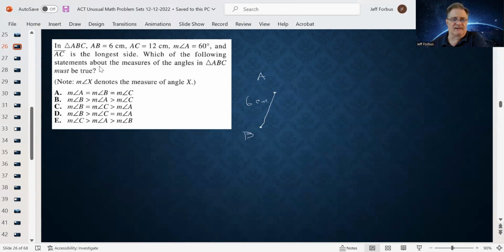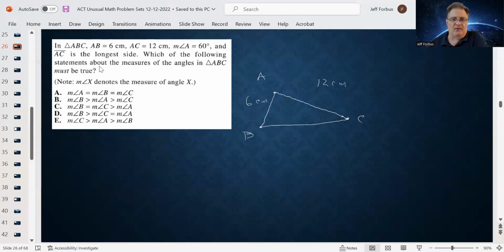Now it tells us that AC is 12. So from A to C, I'm just going to put C right here. From A to C, we know this is 12 centimeters.